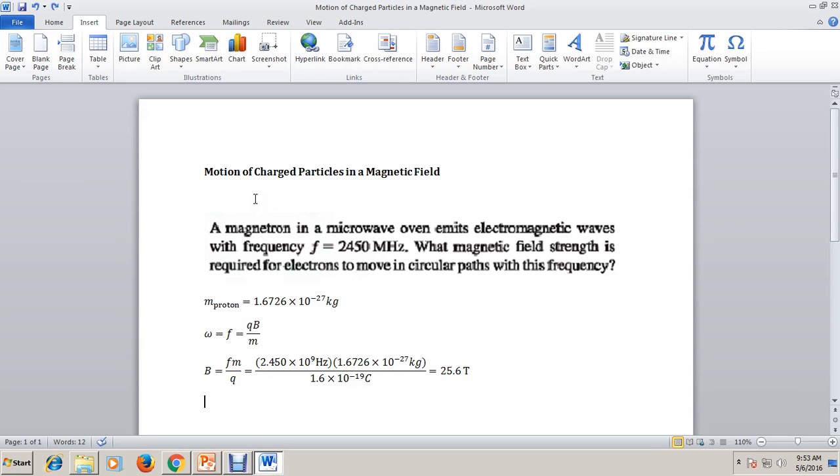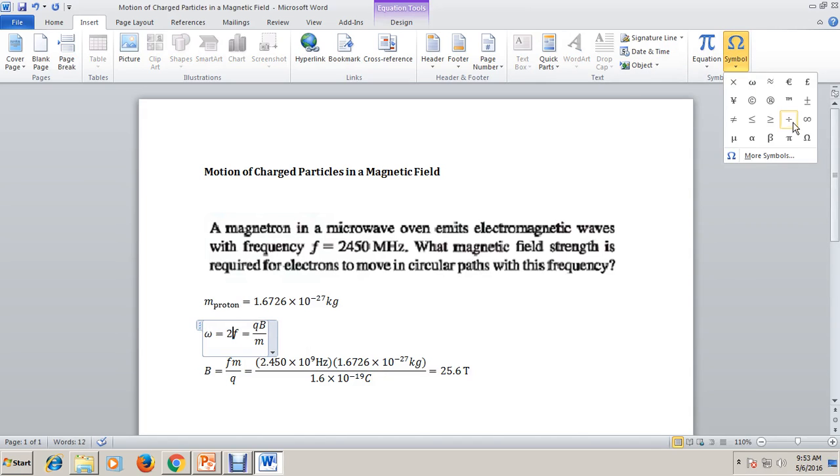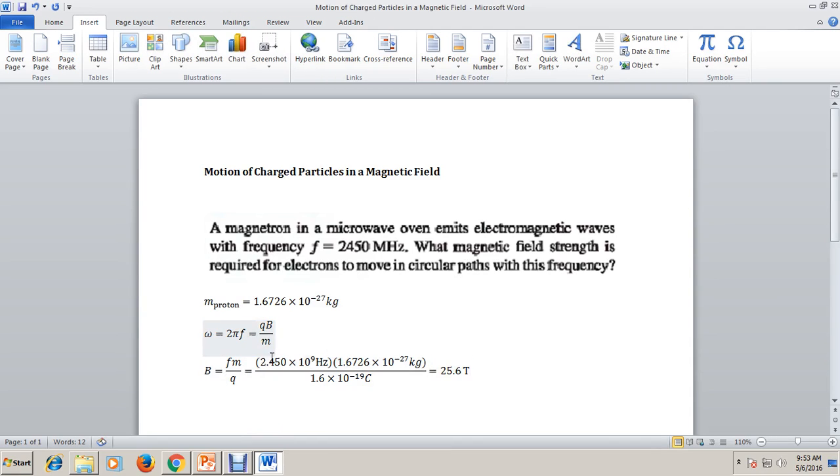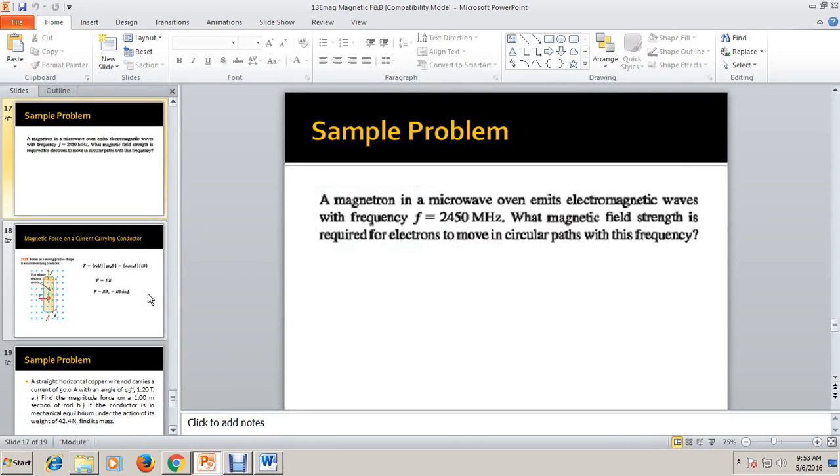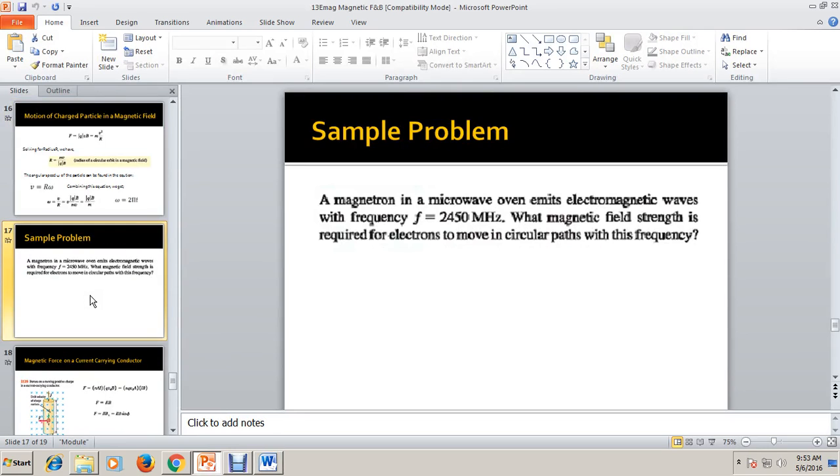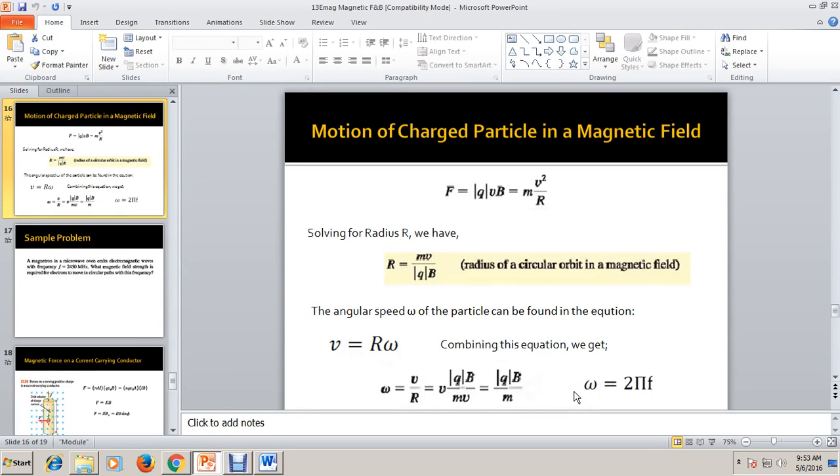Okay, so this is the same problem as what we saw in the PowerPoint presentation. From our set of equations, we see that omega is equal to 2 pi f.